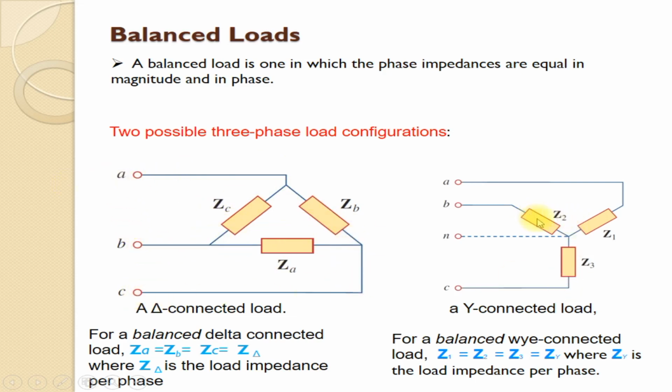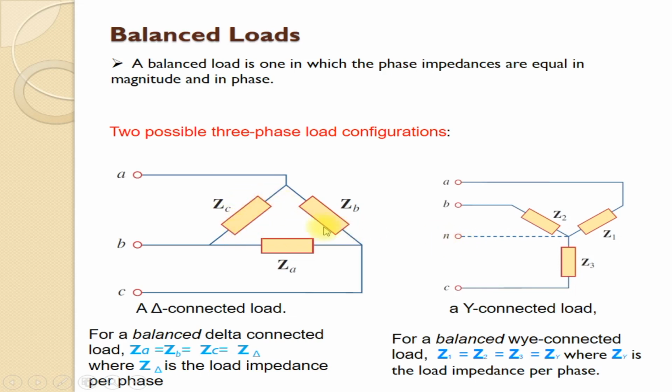And in case of a star connected system, you have three impedances Z1, Z2 and Z3 connected together, and the three terminals are taken out for connecting to the system. And in case of a star connected system, you have one more additional terminal which will be taken from the common point of connection of the three impedances, which is not there in the delta connection.